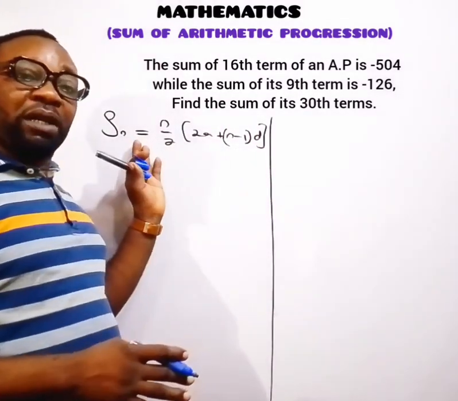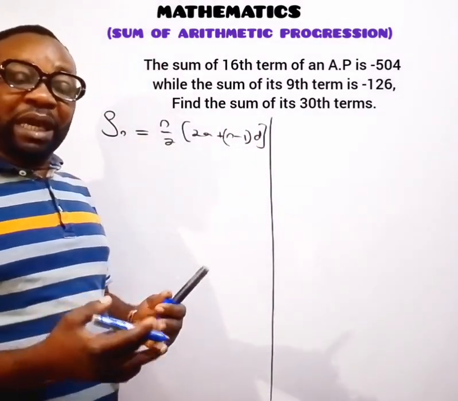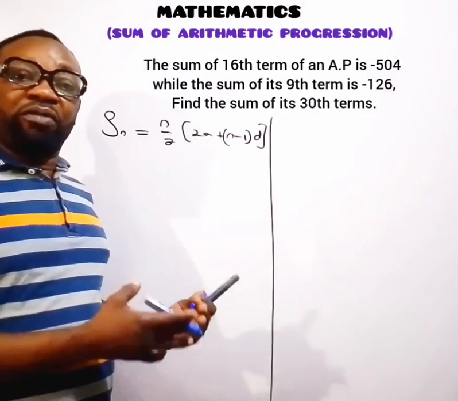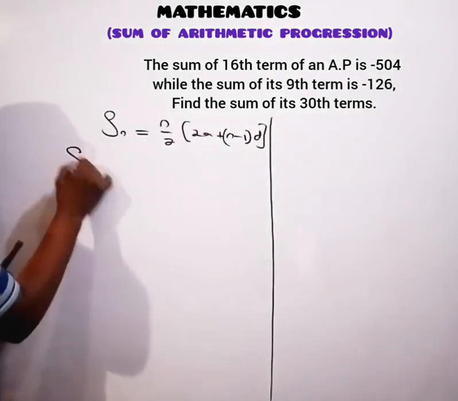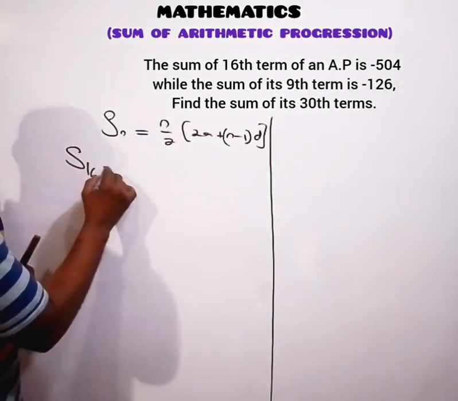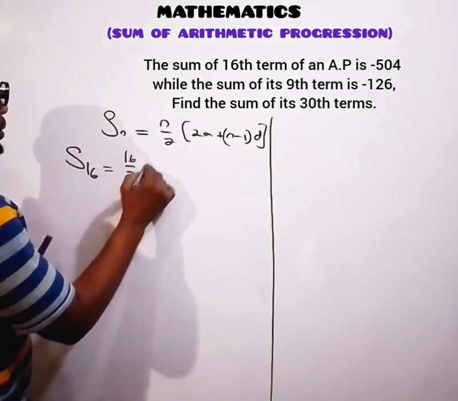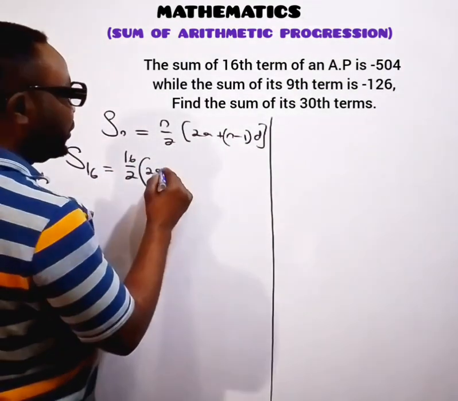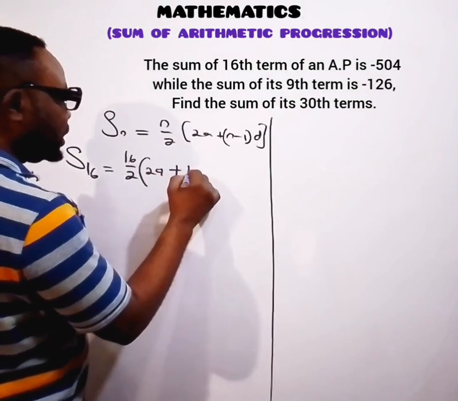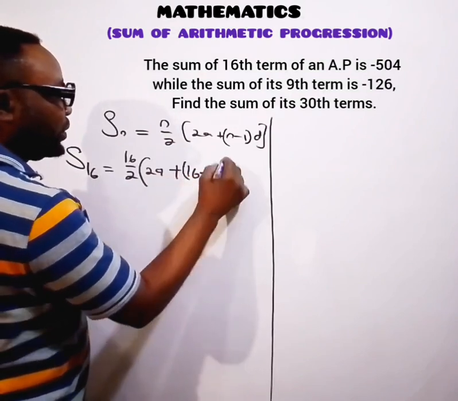Now, from this formula, according to the question given to us, I can deduce the value of the sum of the 16th term and the sum of the 9th term. For the 16th term, I can say S16 is equal to 16 over 2 times the bracket 2a, because we are not given the value of our first term, plus 16 minus 1 times d.